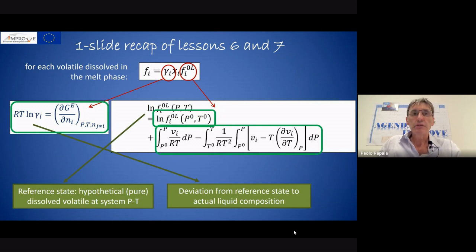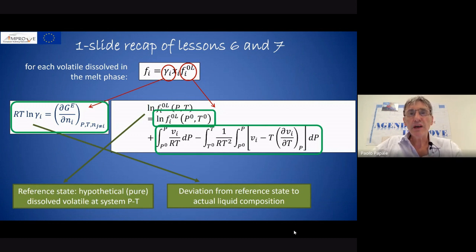Accordingly, the volume of the hypothetical pure dissolved volatile must depend on only pressure and temperature, whereas the excess Gibbs energy must be a function of the composition of the melt. You may understand that I am a fan of the old Latin saying repetita juvant, repetitions help. Now I think the picture is clear.